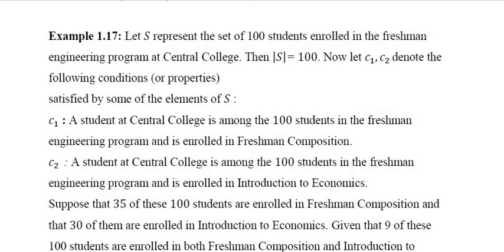So from the question we got that n is equal to 100, n of C1 is equal to 35, and n of C2 is equal to 30. Next line says that 9 of these 100 students are enrolled in both freshman composition and Introduction to Economics. So from this data we get that n of C1 C2 is equal to 9. Now let's move one by one to our questions.